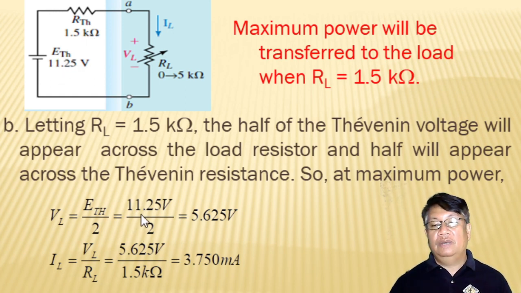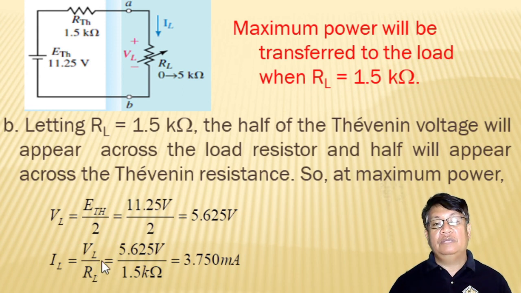So that is why we have 11.25 divided by 2, which is equal to 5.625 volts.